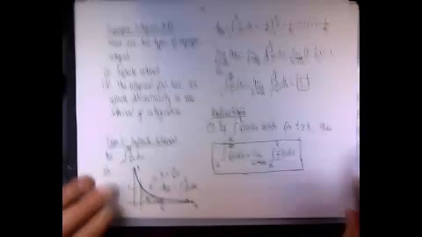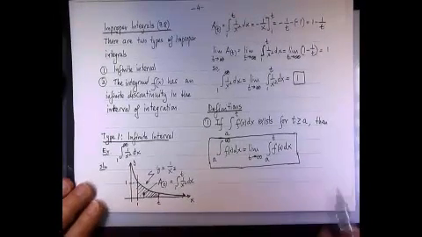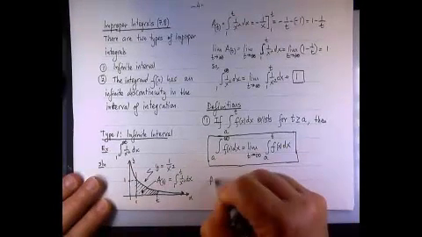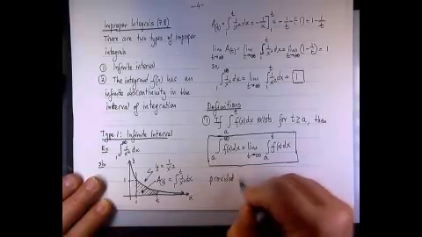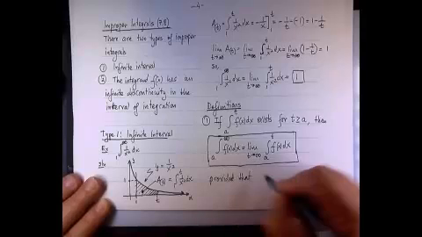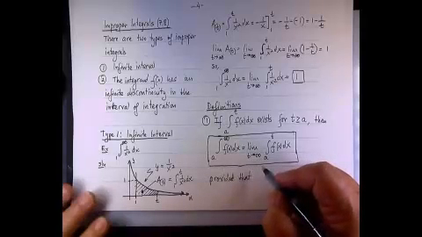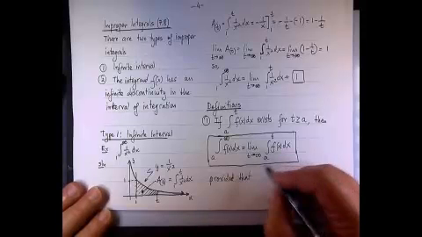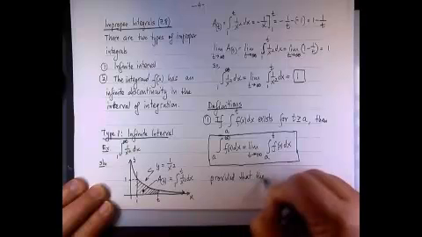And this is exactly what we did right here on top, except a was 1. Other than that, everything was exactly the same. And we have a provision here, and you can guess what it is. We know that some limits exist and some limits don't exist. So the provision is: provided that the limit exists.